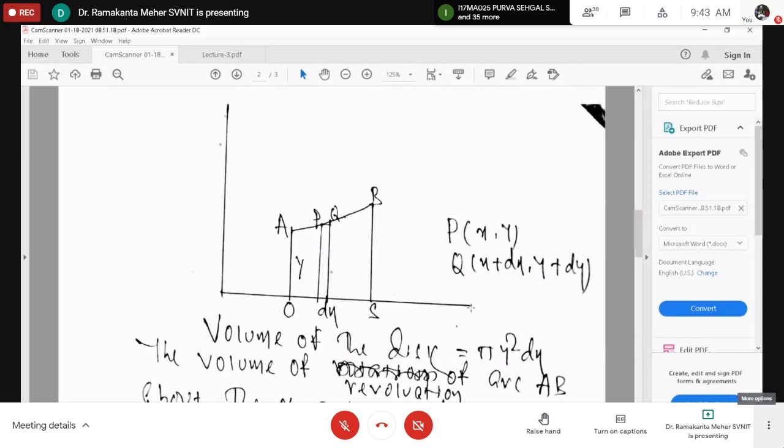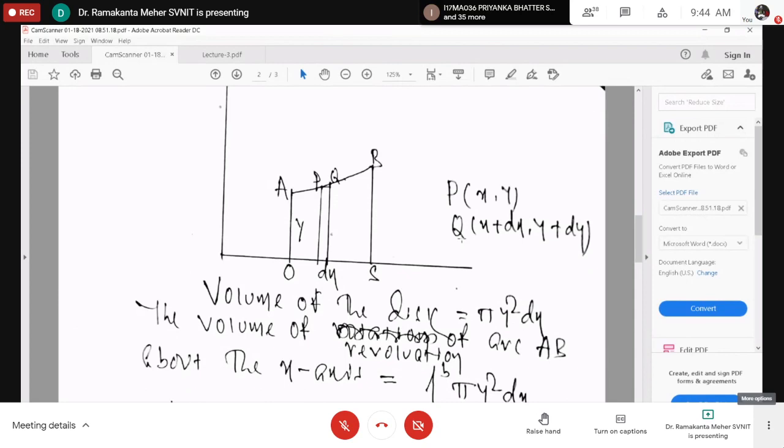Then you will see the volume that we will get after rotating PQ around the x-axis, because here it's a volumetric area. If we rotate, it will give you a volumetric type of disk. If we singly rotate this P around the x-axis, we can find a circle-like structure. And if we rotate this PQ with the inclusion of this area, then we can get a volumetric area after a rotation about the x-axis.